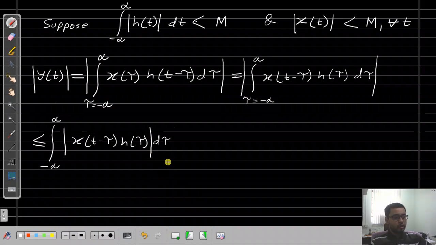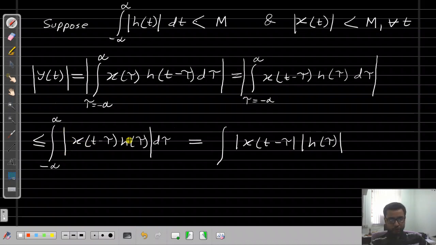Right. Okay, so the modulus of a sum is less than or equal to the sum of moduli. Now this is equal to the mod of x(t minus tau) and the mod of h(tau). The modulus of the product is the same as the product of the moduli, d tau, minus infinity to plus infinity.